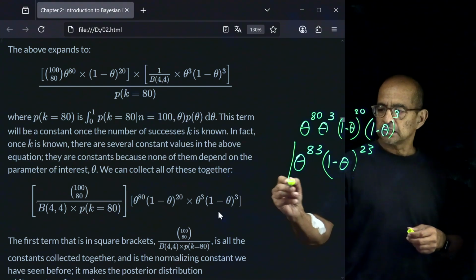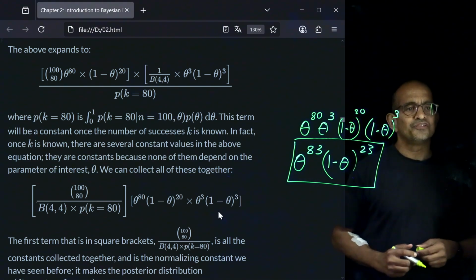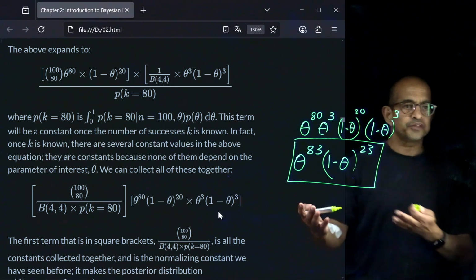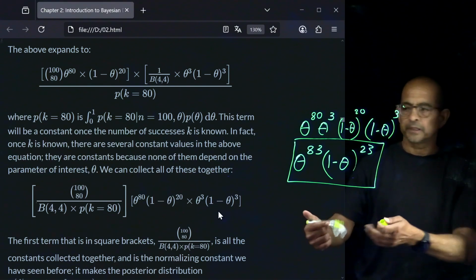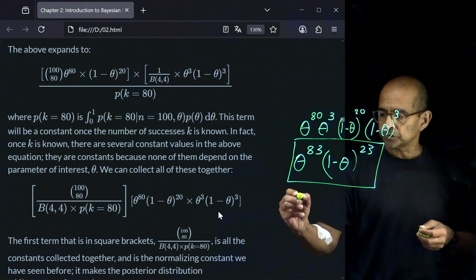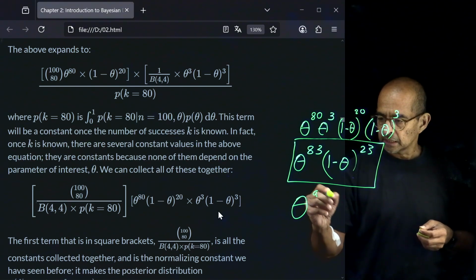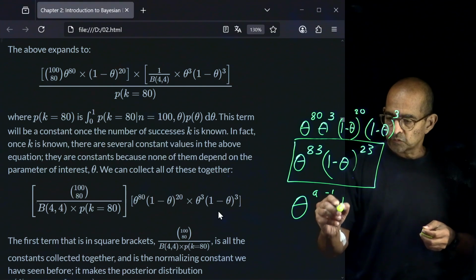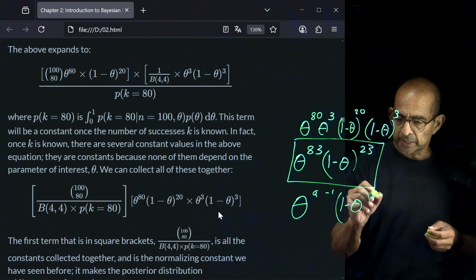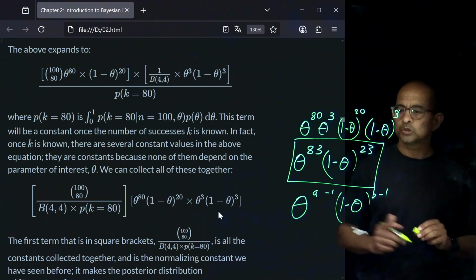What this gives me now is the kernel of another distribution. And what is that distribution? It's the kernel of another beta distribution. Because remember, the kernel of the beta distribution looked like this: theta to the A minus 1 and 1 minus theta to the B minus 1. That's what the kernel of the beta distribution was.